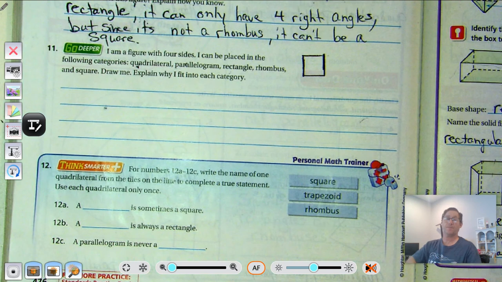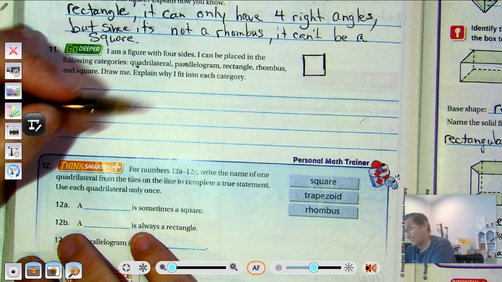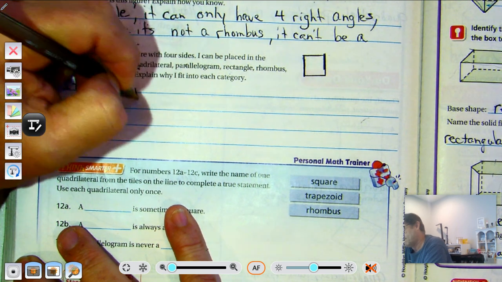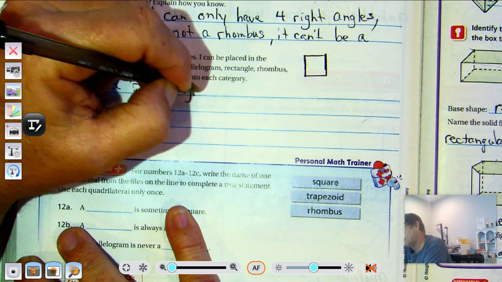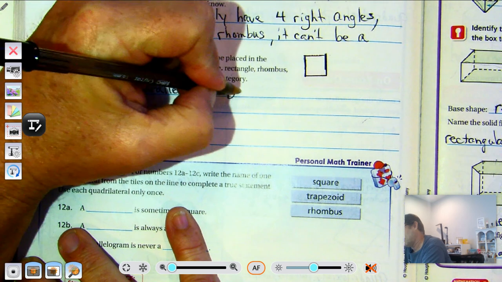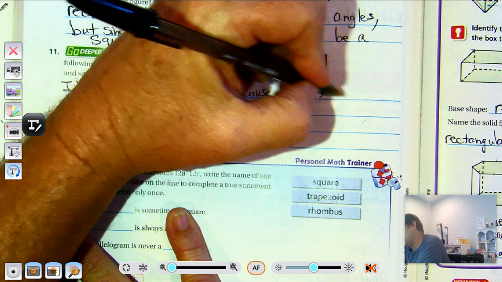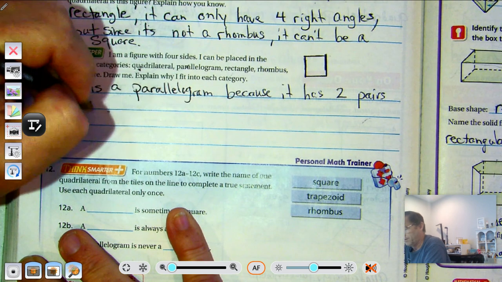Okay. And so here's a parallelogram. Because it has two pairs of parallel sides.